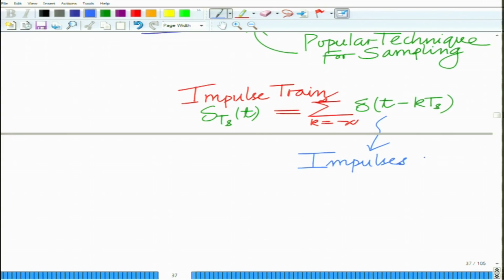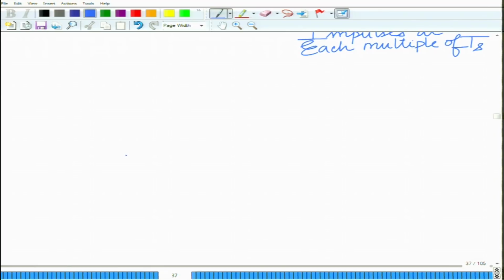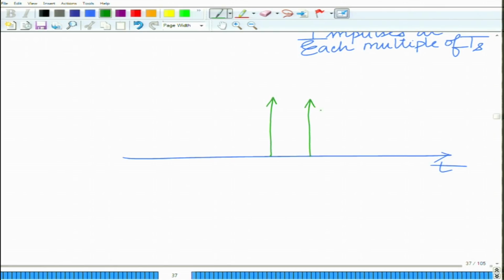Unit impulses at each multiple of Ts. This is basically termed as your impulse train. So, you have the time axis, and at each multiple of Ts you have unit impulses, at 0, Ts, twice Ts, minus Ts.